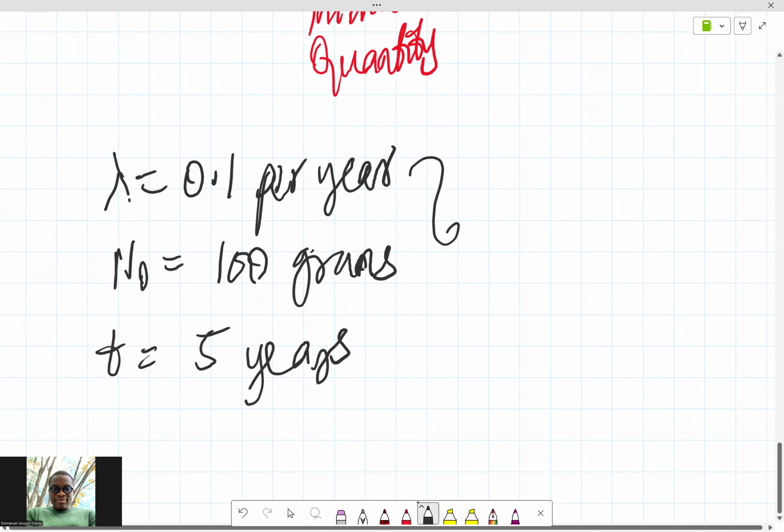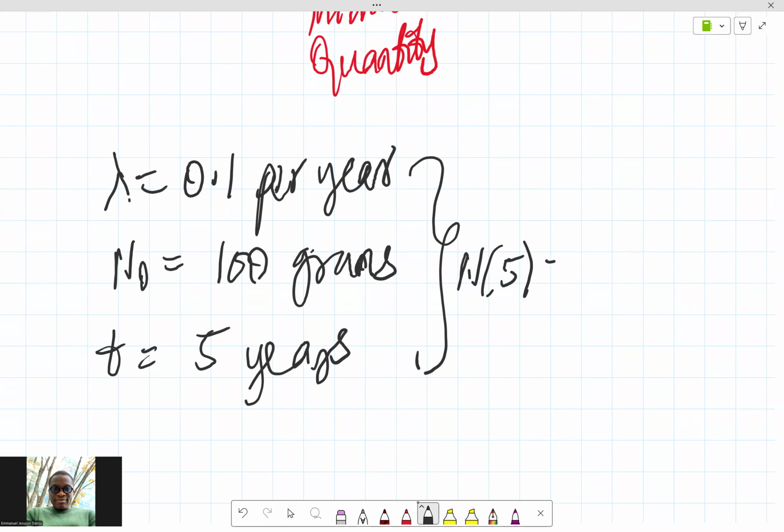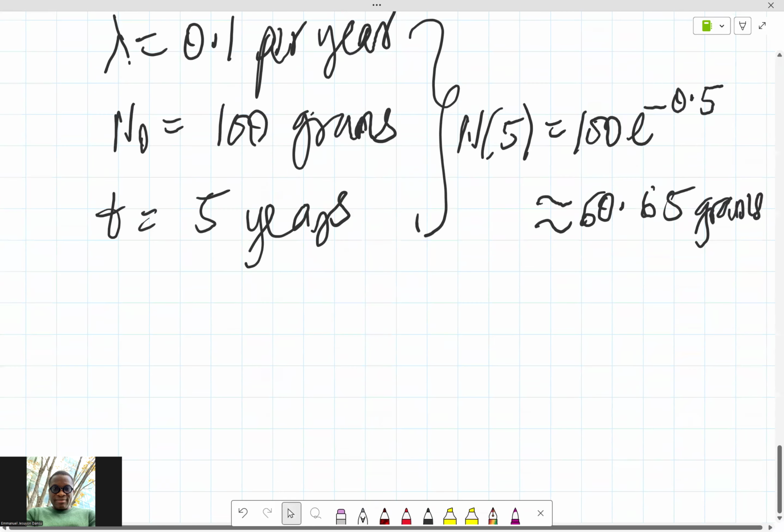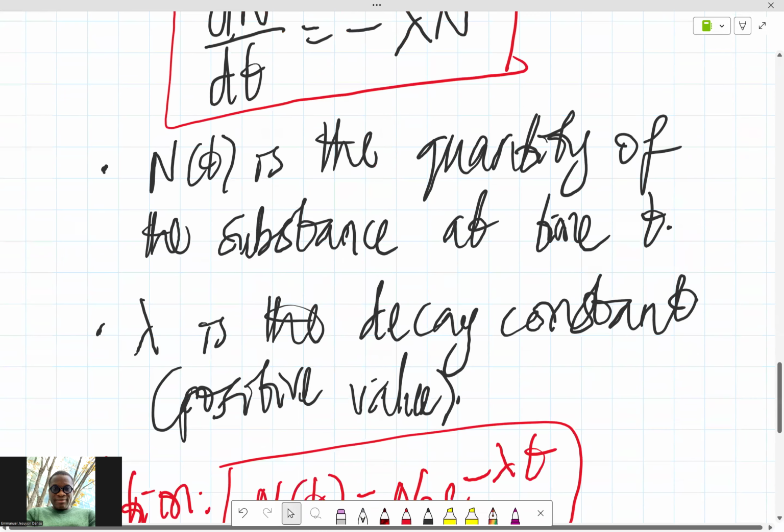All of this leads to N of 5 equals 100 e raised to the power minus lambda T, that's 0.1 times 5, so minus 0.5. And that is approximately 60.65 grams at the 5th year.